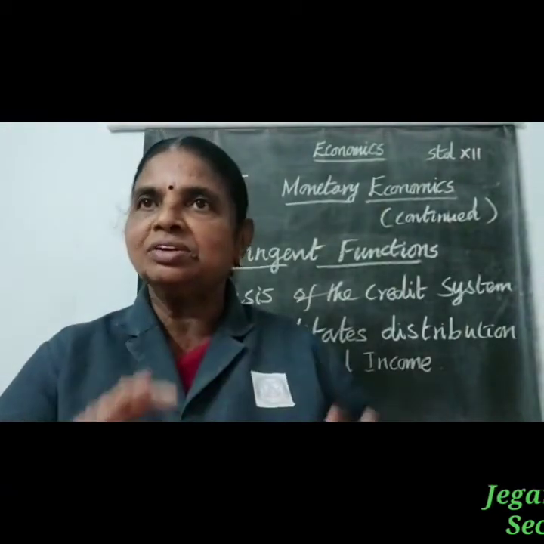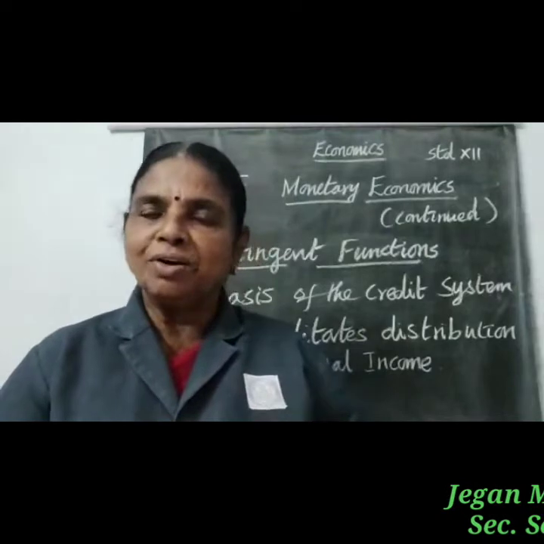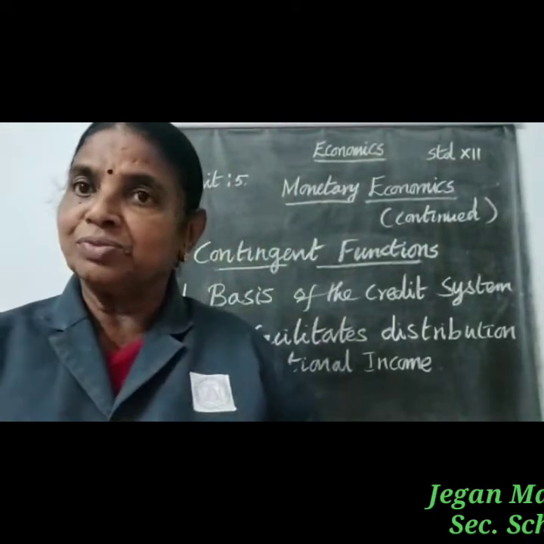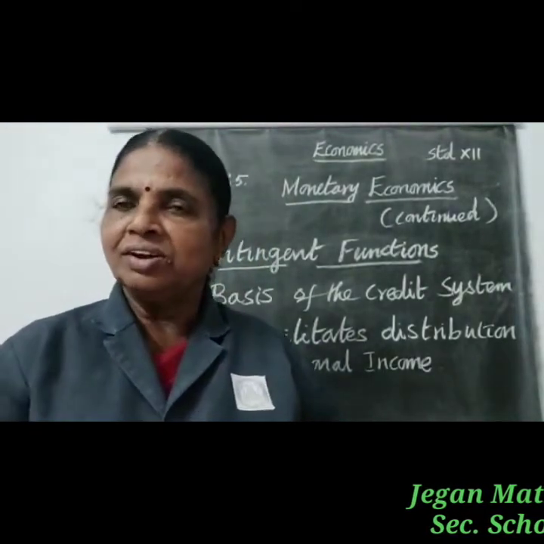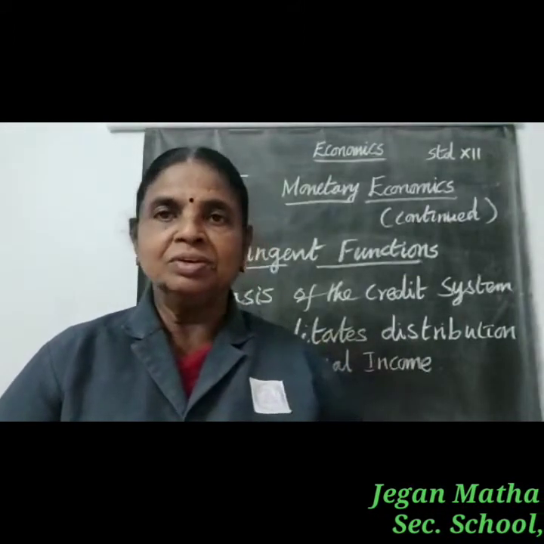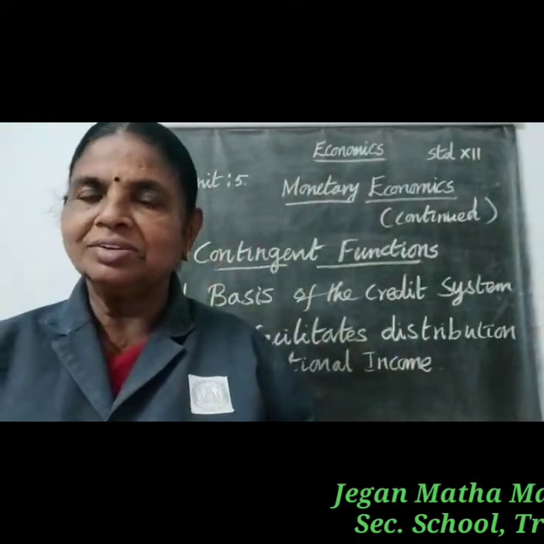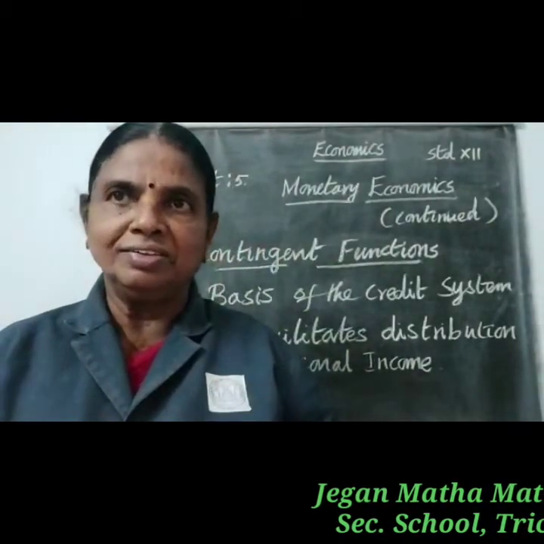So this distribution of national income is now very easy because of the use of money. Otherwise, it would have been very complex. In the ancient time, the distribution of income was very complex, but at present, money has made it very easy.